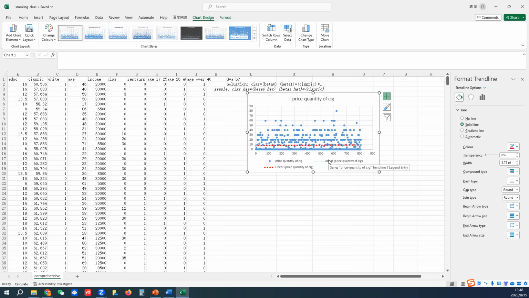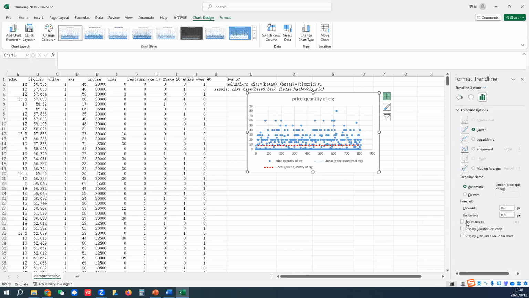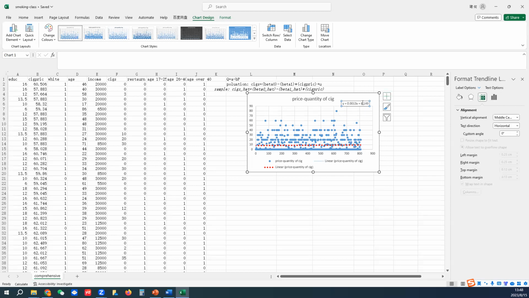And moreover, you can also add the equation. On the same function here, you can display equation on chart, which is not very clear. Let's put it here. That's the result.